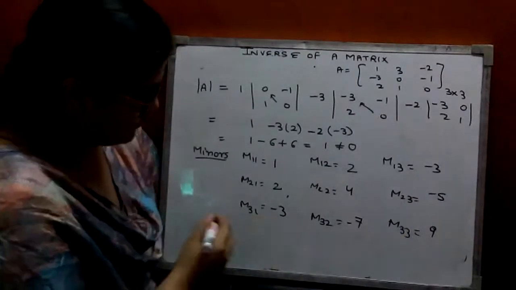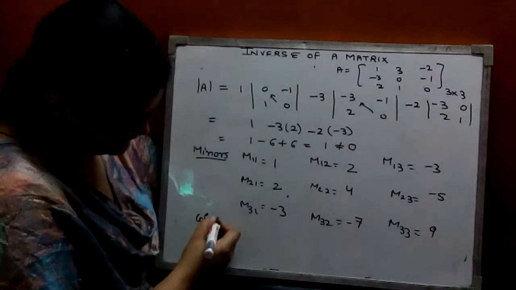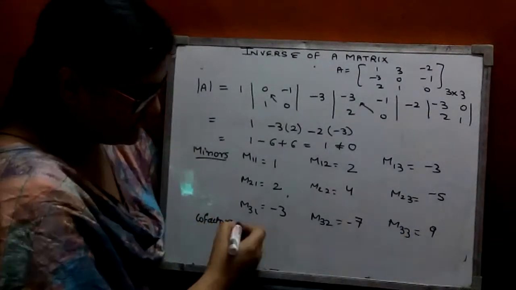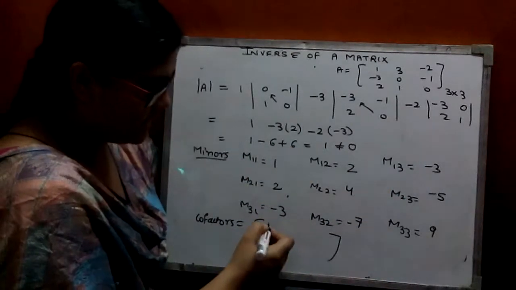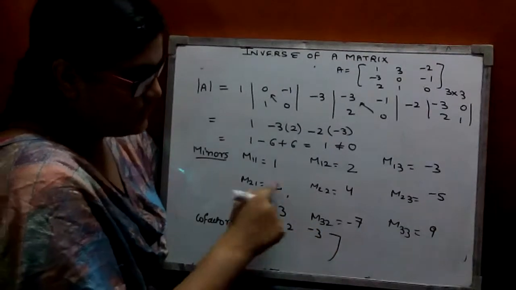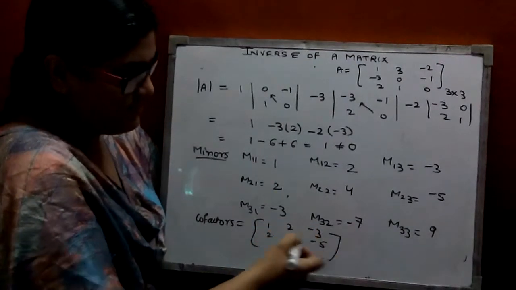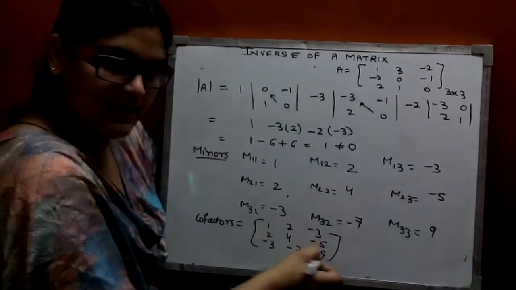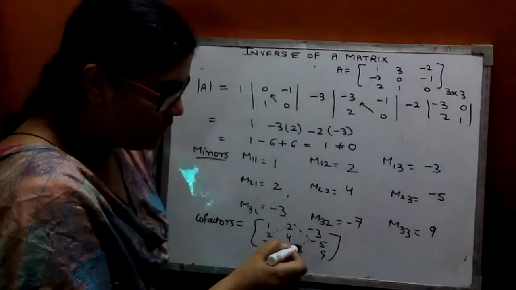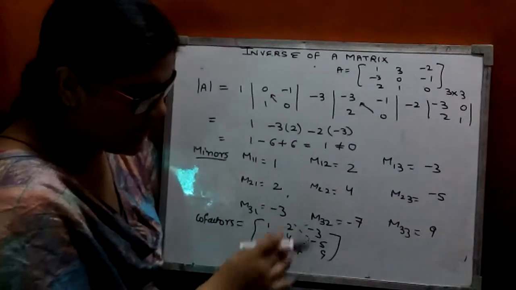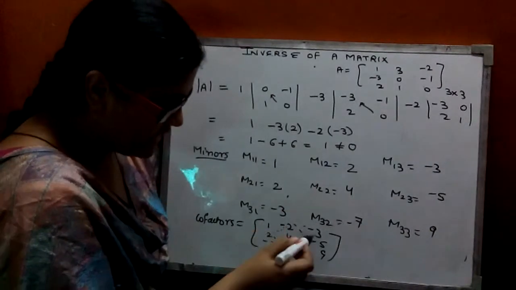Okay. Now for cofactors, you have to just write down all the minors: 1, 2, minus 3, 2, 4, minus 5, minus 3, minus 7, 9. And now at the subsequent positions which are at odd places, that means the sum of indices is odd, you have to change the sign.